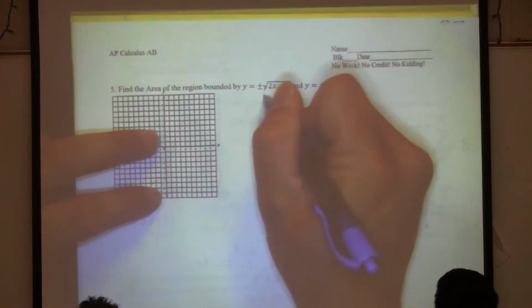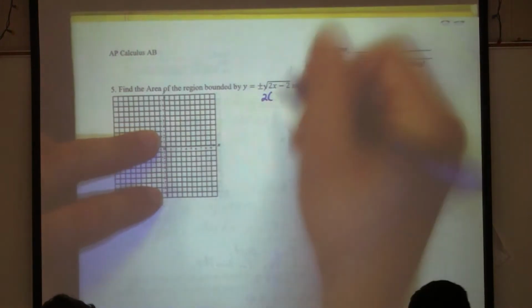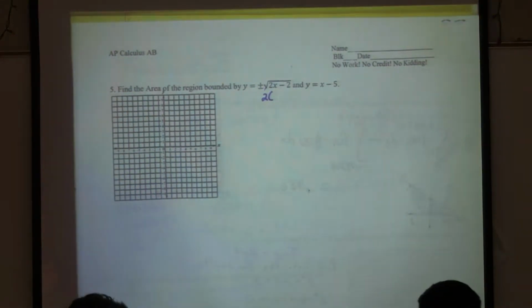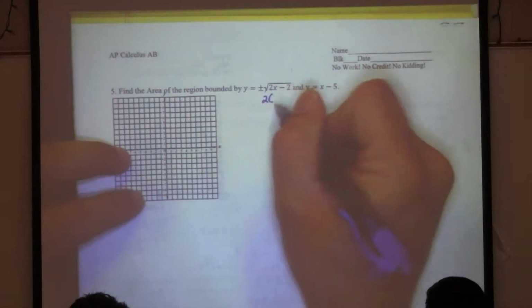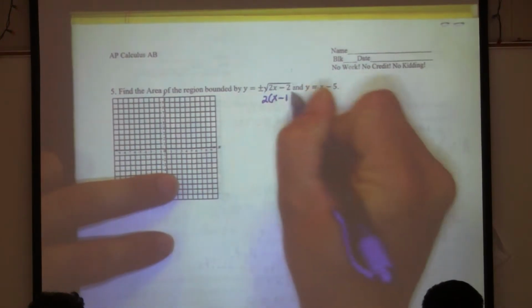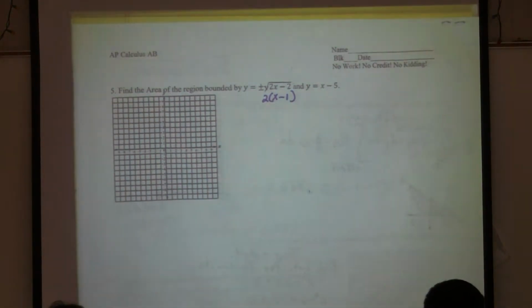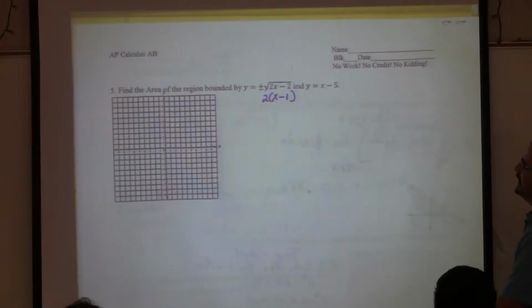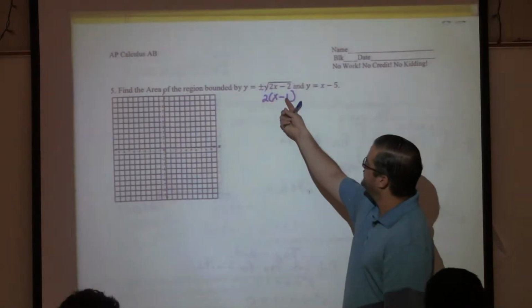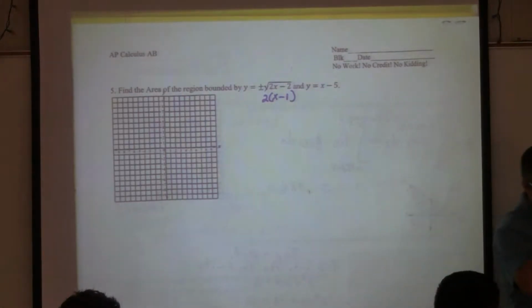Okay? So to make your life a little bit easier, they taught you in Algebra 2 to write this in vertex form. So we can take the 2 out, and that'll become x minus 1. So now you can tell me that the graph moves 1 unit to the what? To the right, because it's a change inside.